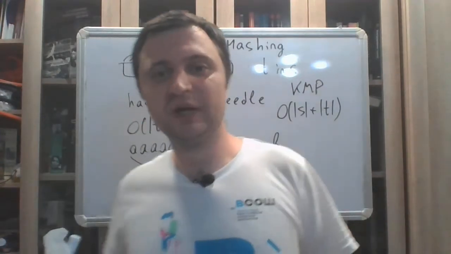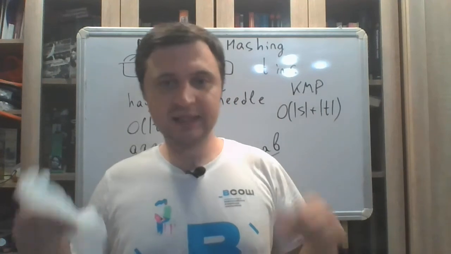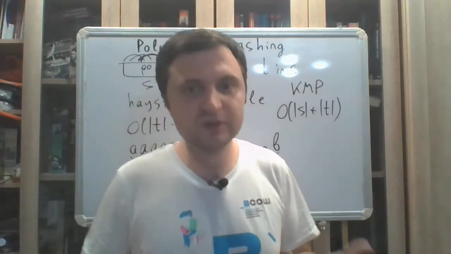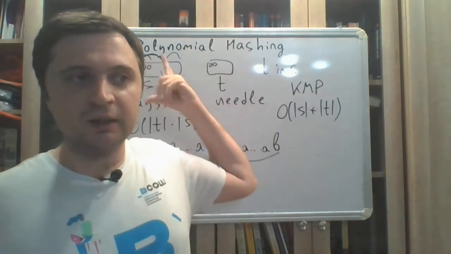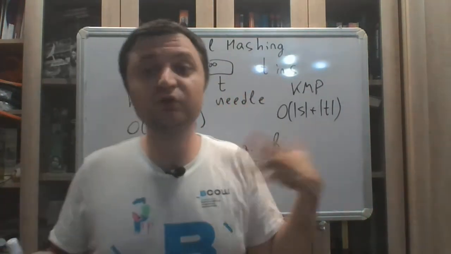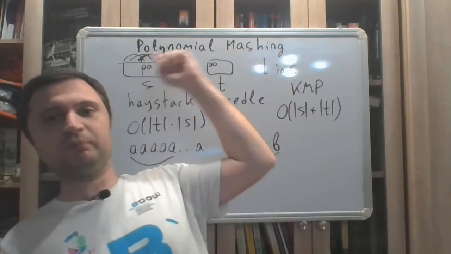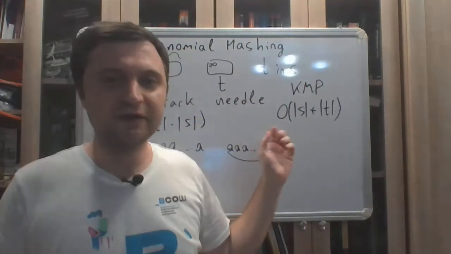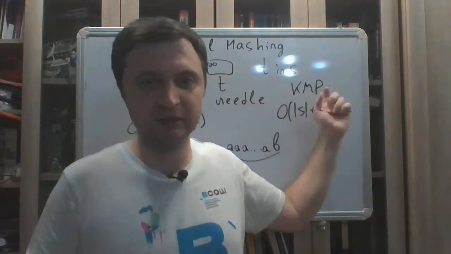But in this video, I would rather teach you another approach that has a little problem. I will tell you about the problem of the approach, but it is much more useful, much more fruitful, because many more problems are solved by the polynomial hashing approach rather than the few problems that are wonderfully solved by the Knuth-Morris-Pratt algorithm.